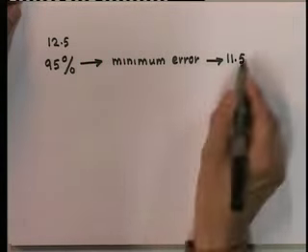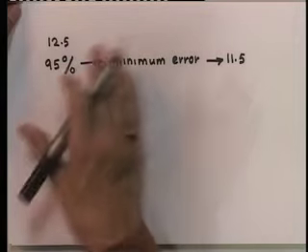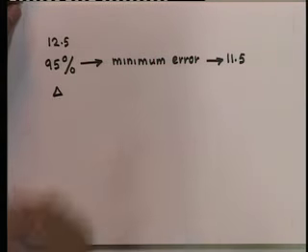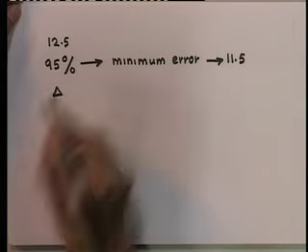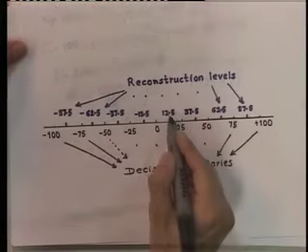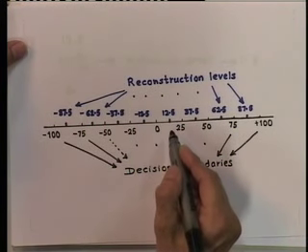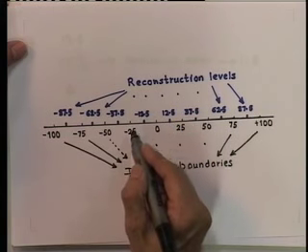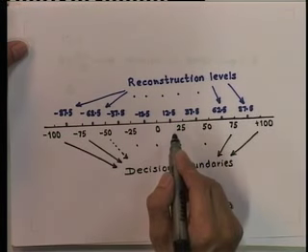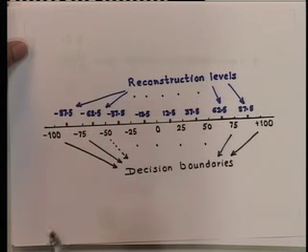Now, obviously, this is not a very good design. So, a much better approach would be to use a smaller step size, which would result in better representation of the values in the range minus 1 to plus 1 interval, even if it means a larger maximum error.